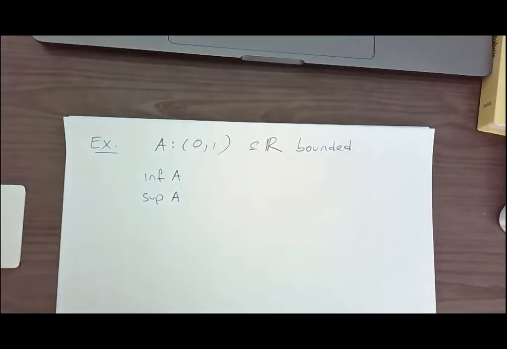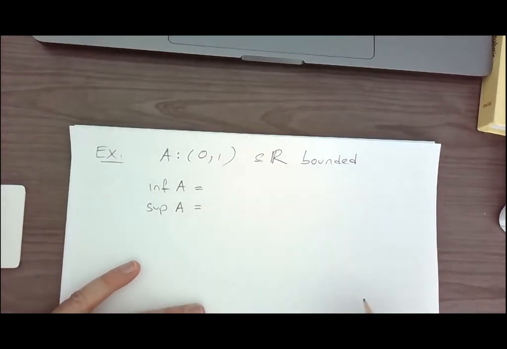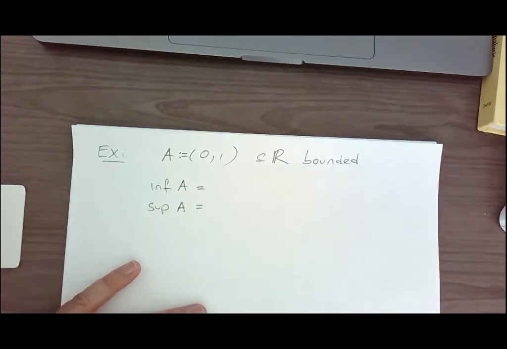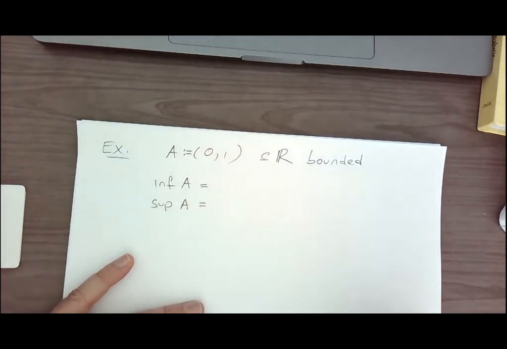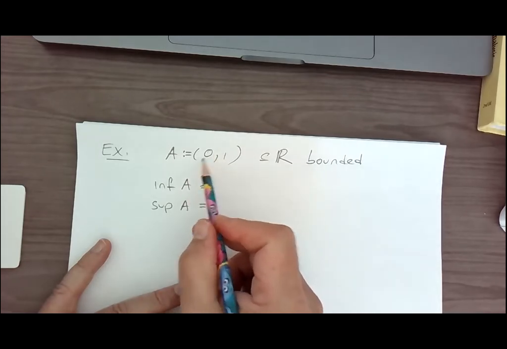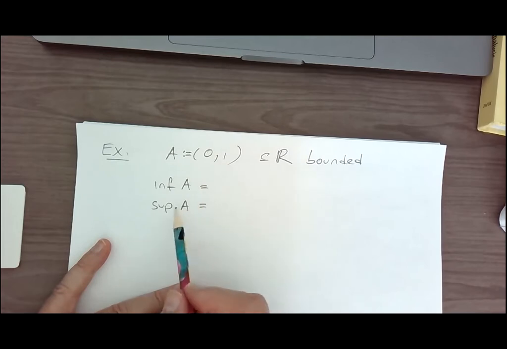Any guesses on what the inf and the sup are? I'm looking at numbers between 0 and 1, this open interval. What will be the biggest small number, and what will be the smallest big number?